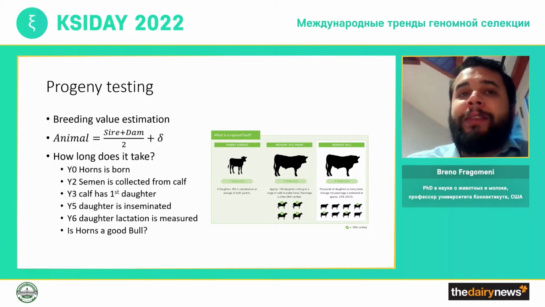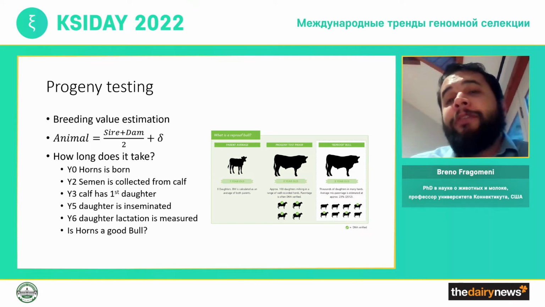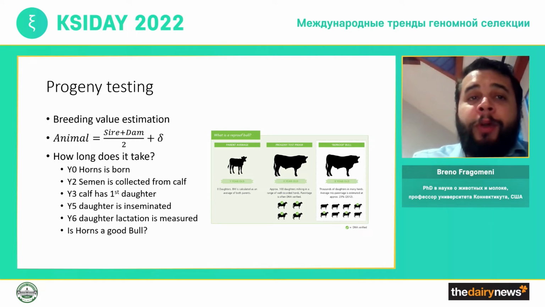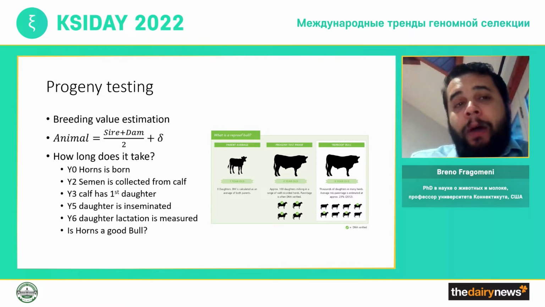How do we learn that a given animal is not just the average of their parents, that the breeding value of a given animal is not the average of the breeding value of their parents? Well, for a dairy bull, for example, we need to wait for this animal to grow so that we can collect semen and inseminate a cow.